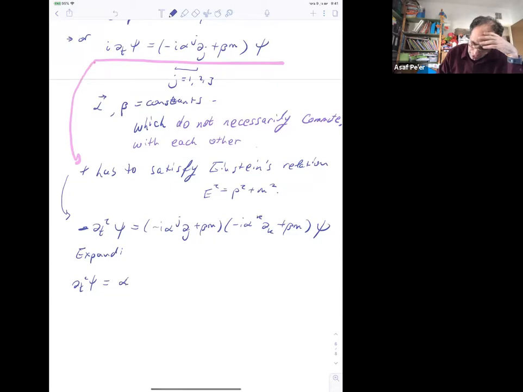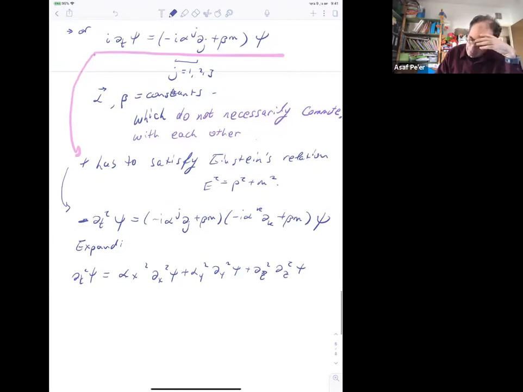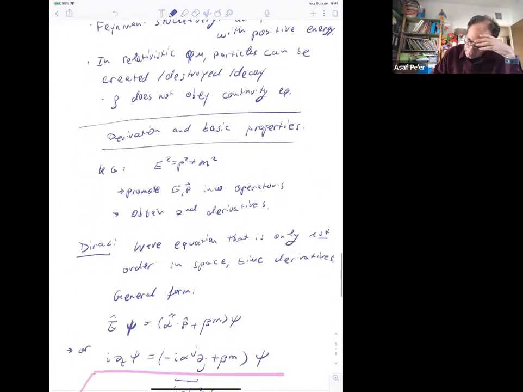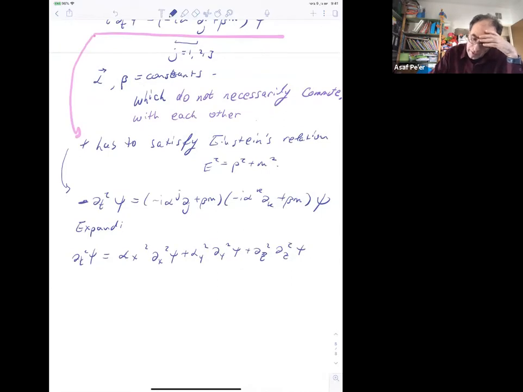Now I'm going to do something which is completely illegal: I just put the x down. It's completely illegal, but I'm doing it because I'm very lazy. Alpha x squared dx squared psi plus alpha y squared dy squared psi plus alpha z squared dz squared psi, minus beta squared m squared psi.